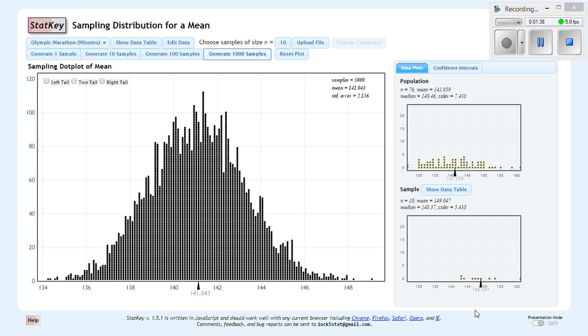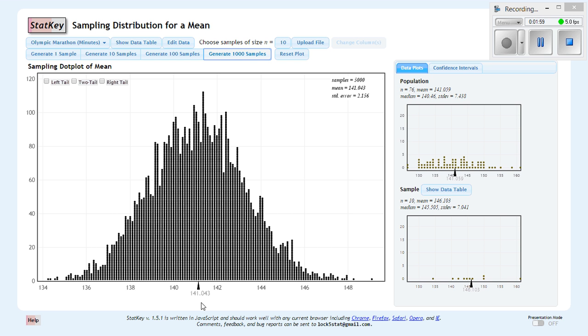Now, up here, our population mean was 41.1. Down here, the mean from our sampling distribution is also 41.1. The standard deviation is 0.04, where up here it was 0.05. Really pretty close.